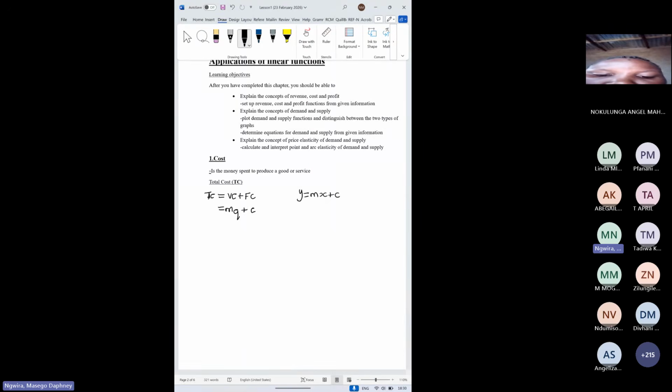Meaning that if my function has a c, my graph is going to touch the y-axis. So the total cost will be equal to m times q plus c. m will represent the slope, and c will represent where your graph is going to start. So this is my variable cost plus my fixed cost. If I was to plot my total cost function, I will have two variables: the total cost and the quantity. Remember, Q stands for the quantity.